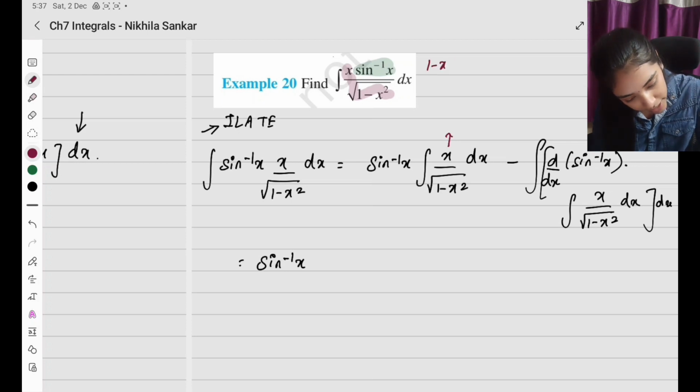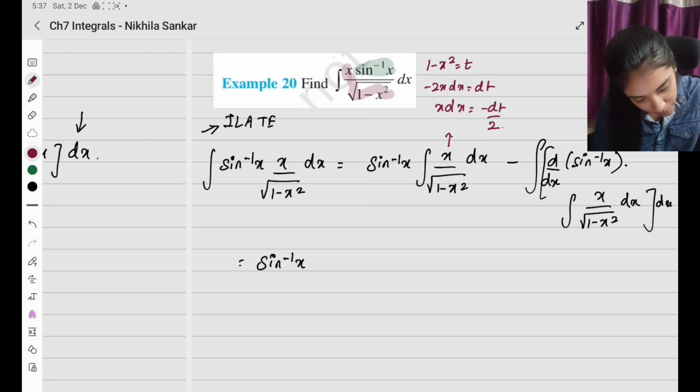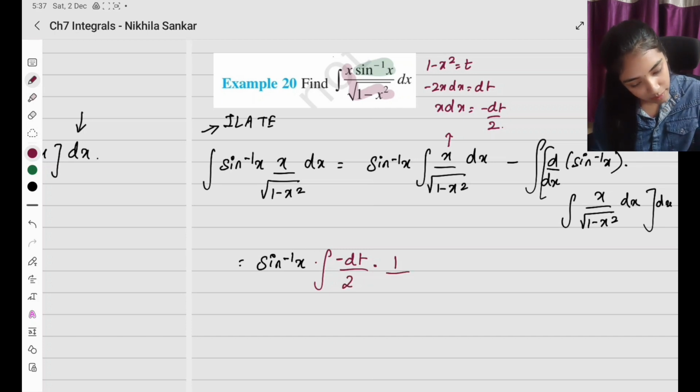I have 1 minus x square equals t, minus 2x dx equals dt. So I have x dx equals minus dt divided by 2. So when I substitute, I have integral of minus dt divided by 2 times 1 divided by square root of t. So this is one term. And what are the remaining terms?